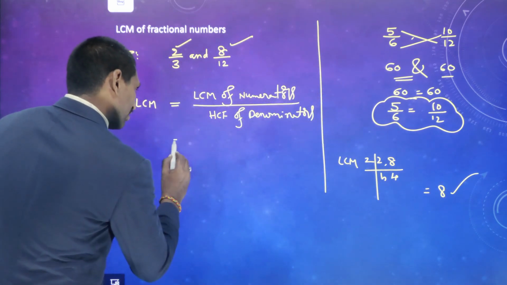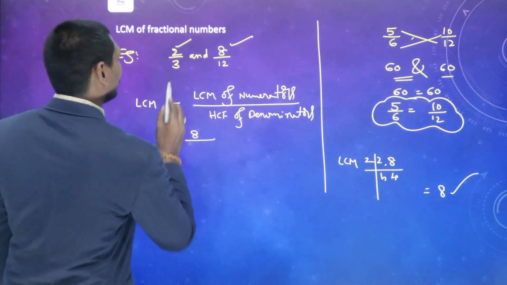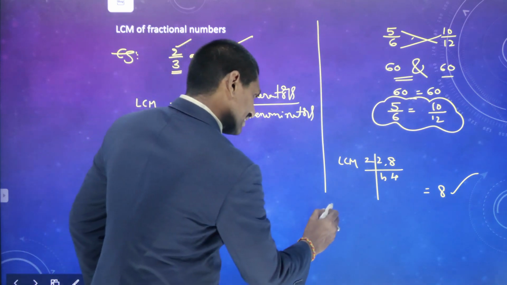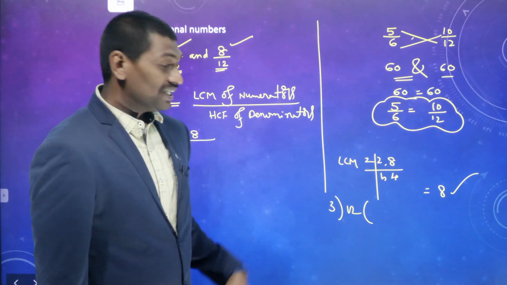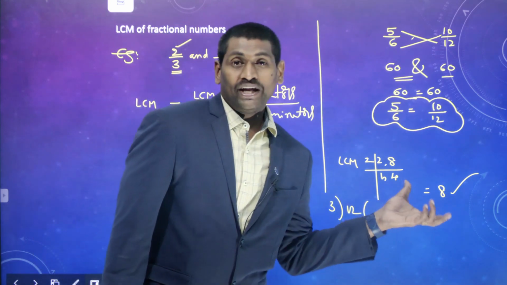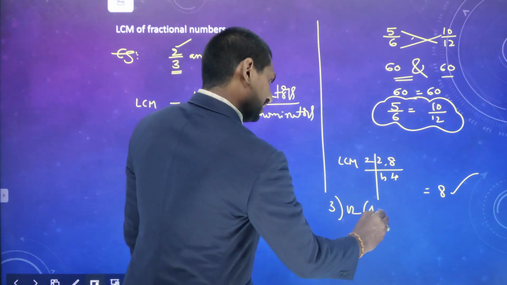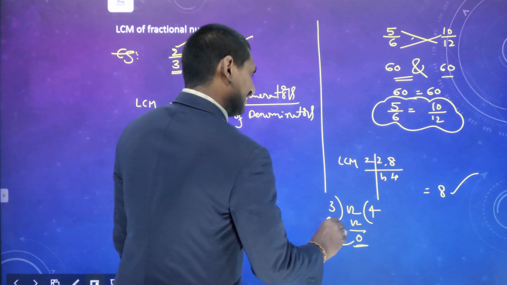So according to the formula, the LCM of numerators is 8 and then the HCF of denominators, 3 and 12. We can do it by the continued division method. 3 4s are 12. Whenever we get the remainder 0, its divisor is HCF.